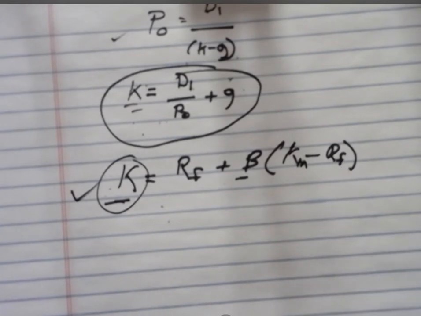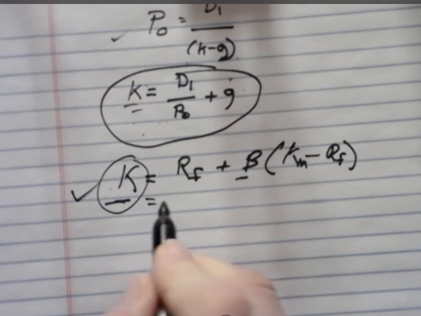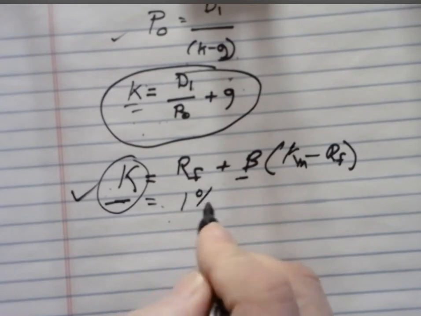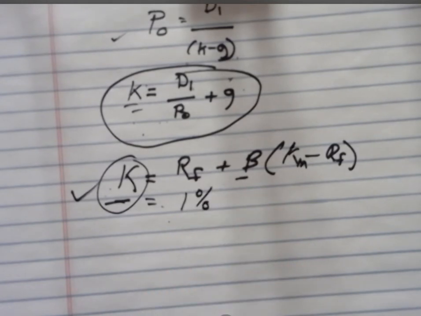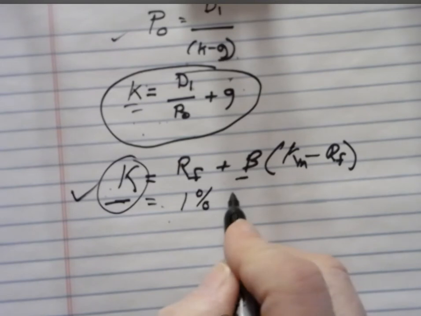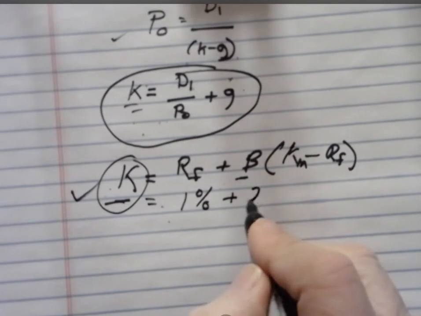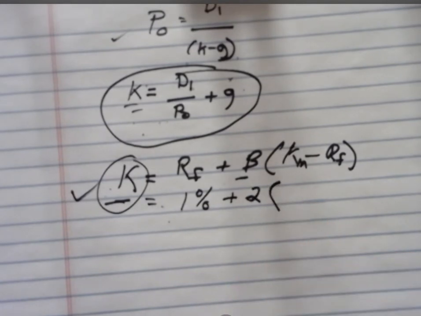And of course the risk-free rate of return. So I can put some numbers in here. I can say the risk-free rate is 1%, and that is the rate on 90-day T-bills. Plus, I can say the beta for this stock is 2. And then I can say, guess what?